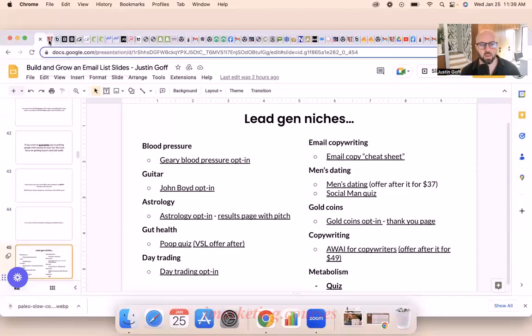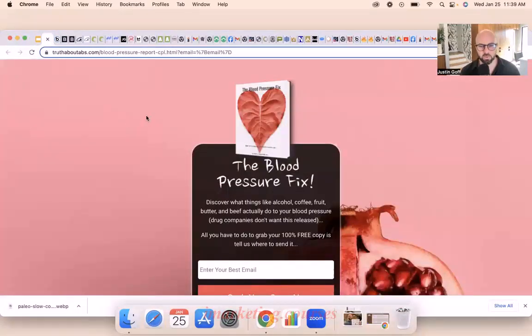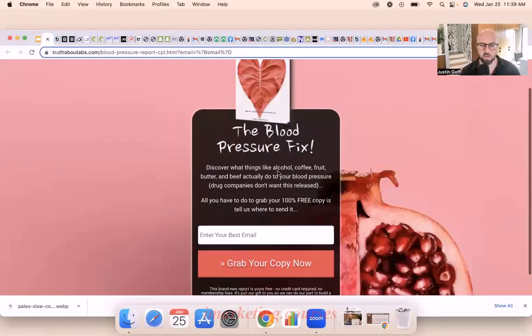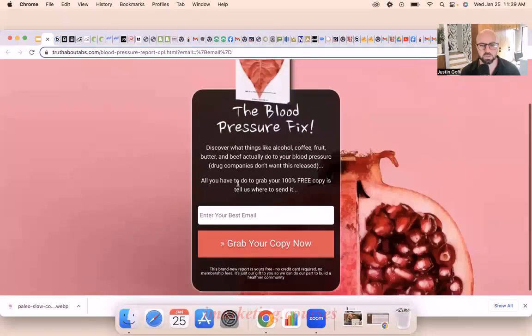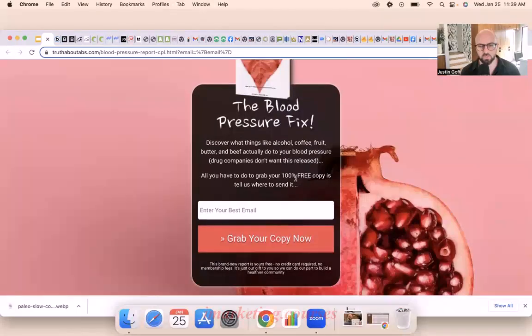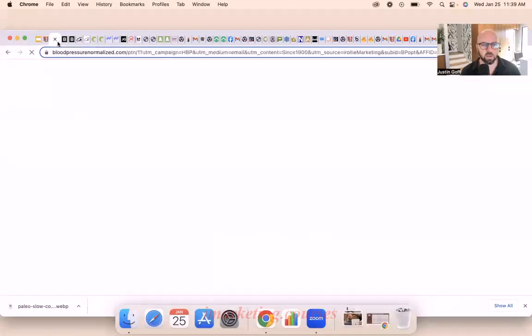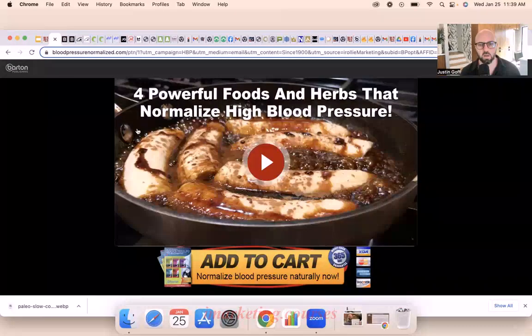This is one that Mike Geary's running. The blood pressure fix. Discover what things like alcohol, coffee, fruit, butter, and beef actually do to your blood pressure. Drug companies don't want this released. All you have to do is grab your 100% free copy and tell us where to send it. So you just enter your email, and then it quickly sends you to a VSL that you can see here.